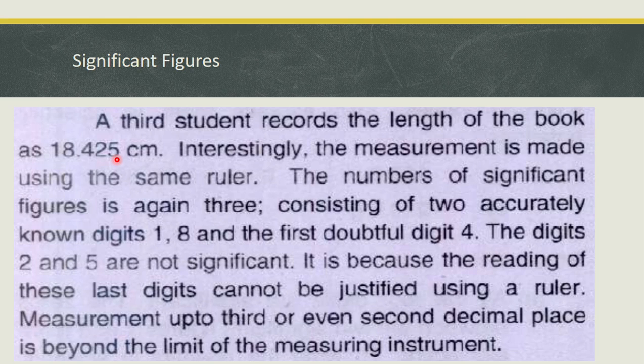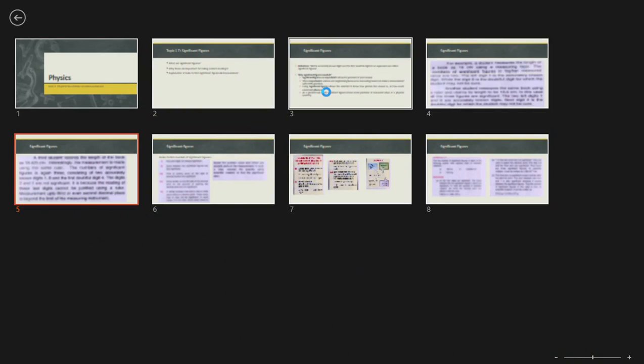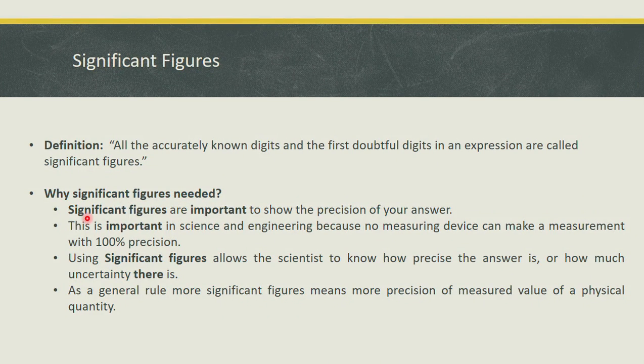So these two values 2 and 5 are not significant because our instrument has a limitation. As we discussed in this slide, significant figures are important to show the precision of your answer, or they tell us about our instrument.